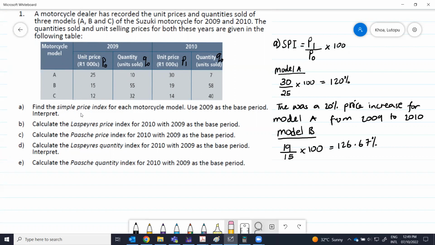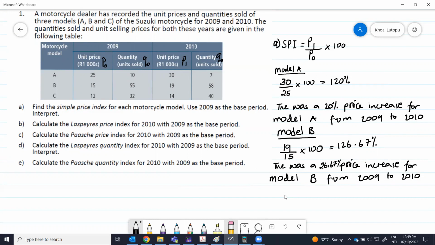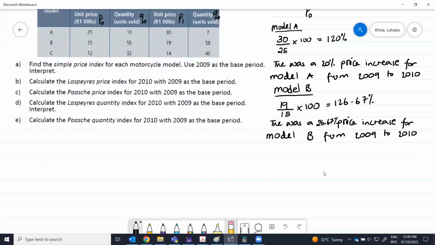Then we say that there was a 26.67% price increase for model B from 2009 to 2010.